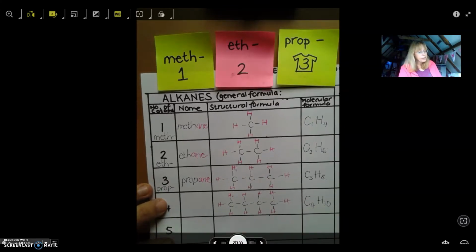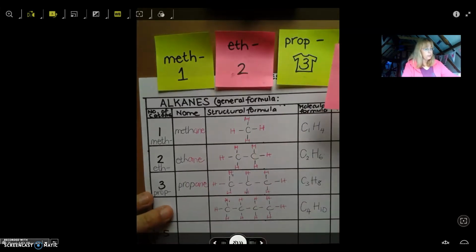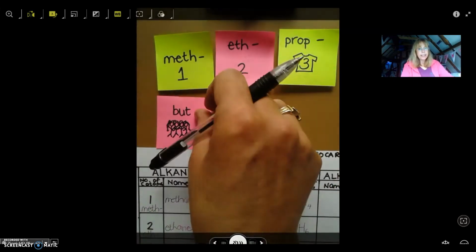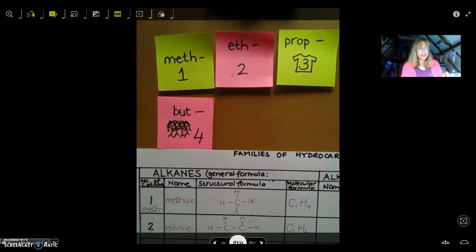Now, if it's got 4, just like, gentlemen, this is one for you for a change. If you go to the beach, hopefully keeping your social distance, you might see 4 beauties. Now I know this is spelt like "but" but it's not "but". You pronounce it as butane. 4 beauties, butane.